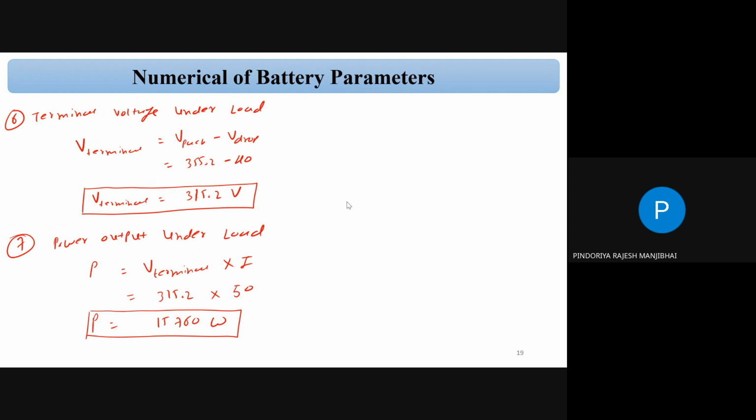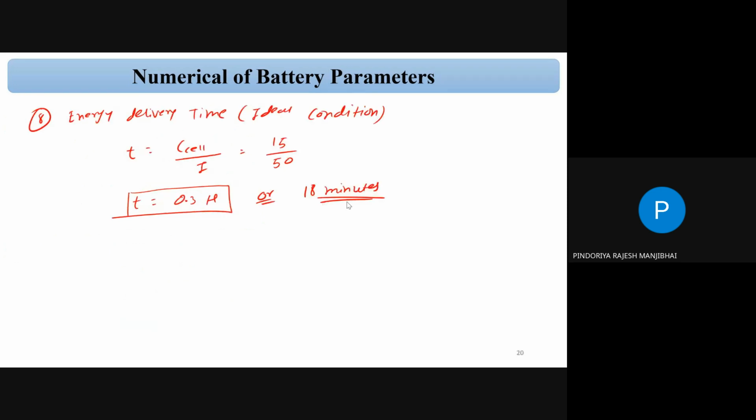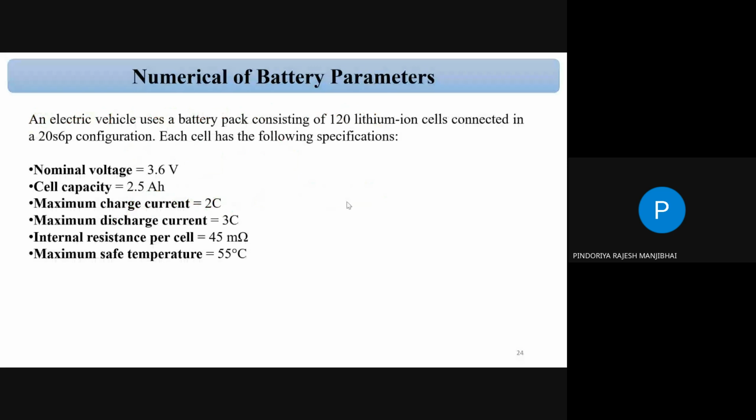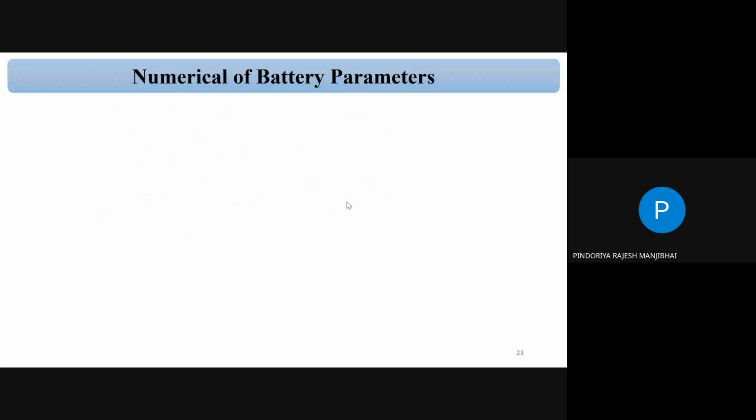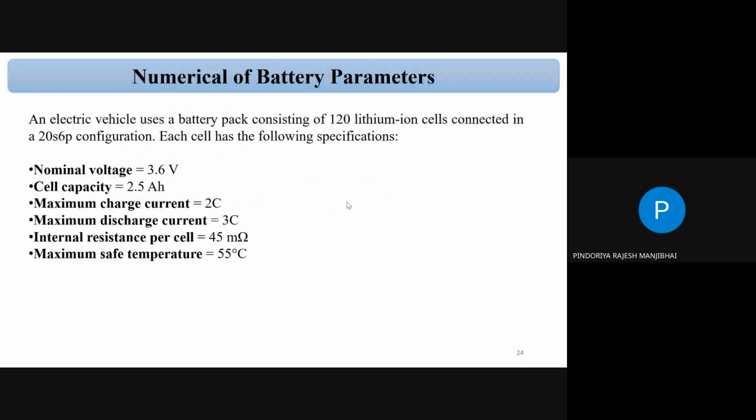Then power output under load, P equal to VI, so V terminal into I. And last one, energy delivery time: time equals cell rating in ampere hours divided by the current, so 0.3 hours, otherwise 18 minutes. Is there any confusion, any query for this numerical? No.